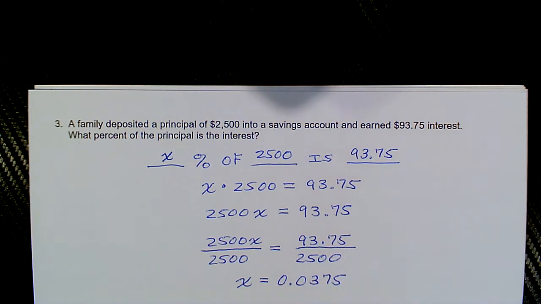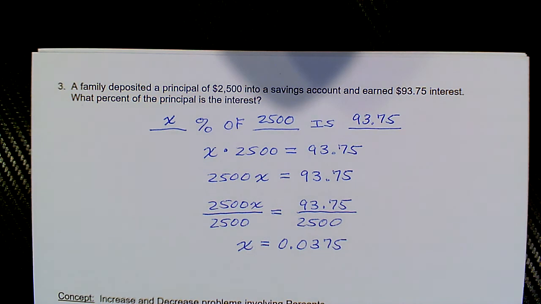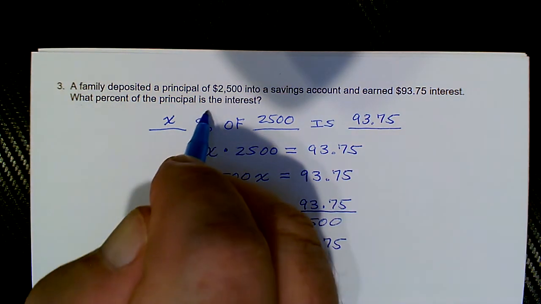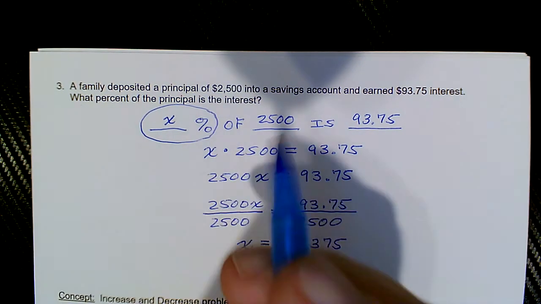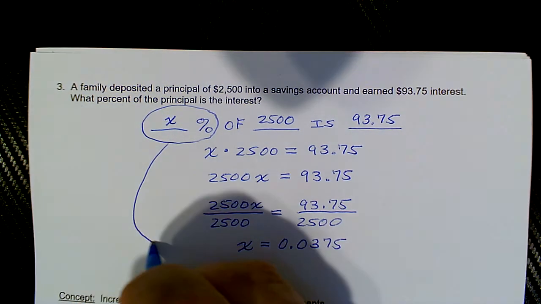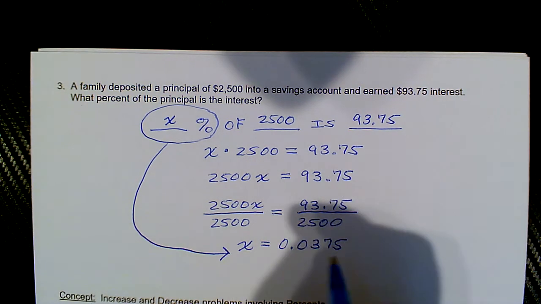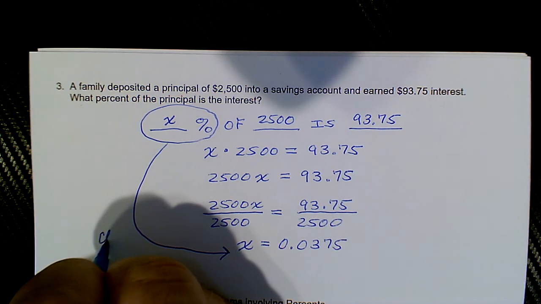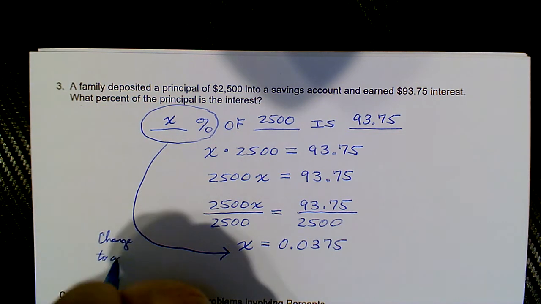0.0375. But when we think about summarizing this, recall that when we're solving for a percentage, the answer that we get is a decimal answer that has to be changed to a percent.